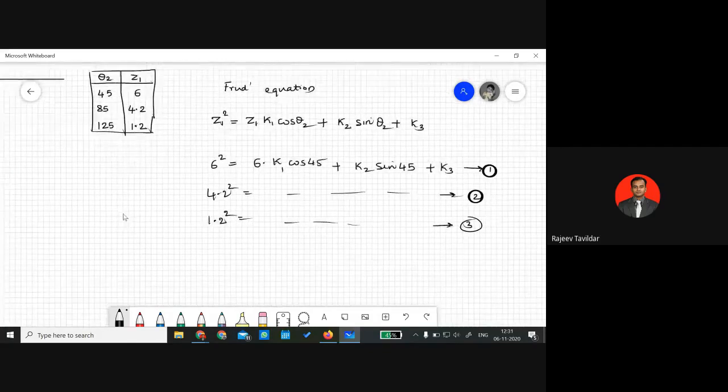If you solve these three equations, you are having three unknowns here, that is K1, K2 and K3 are the unknown values.